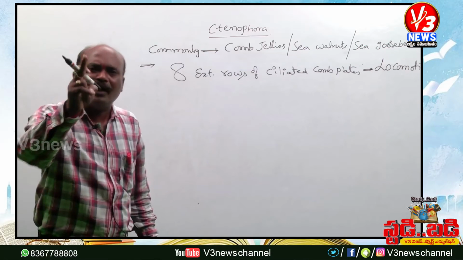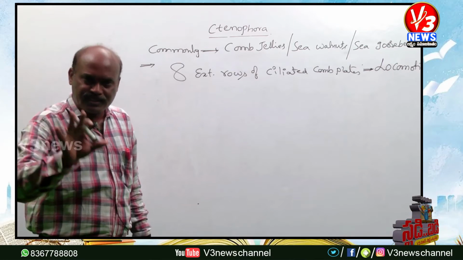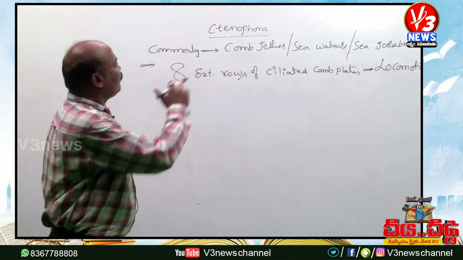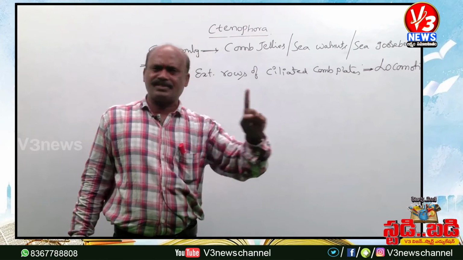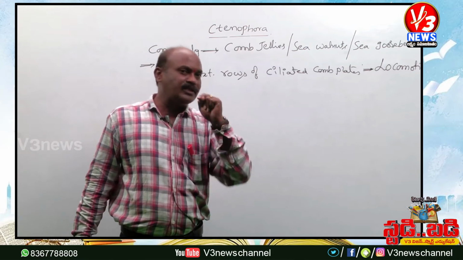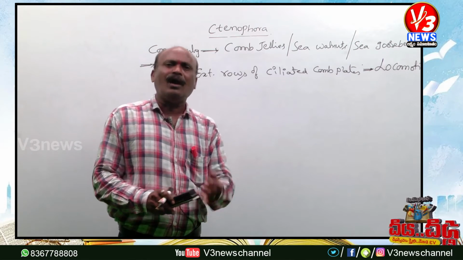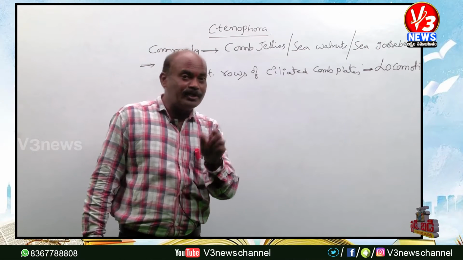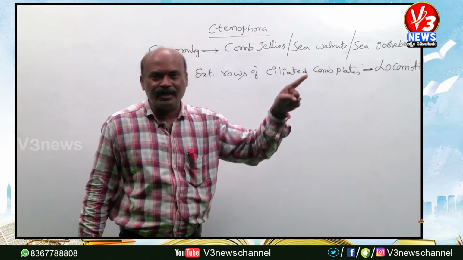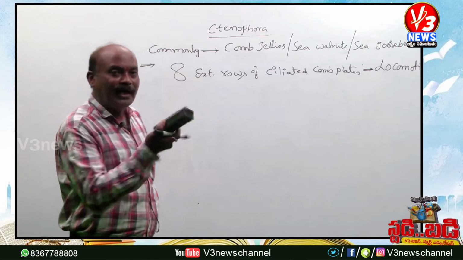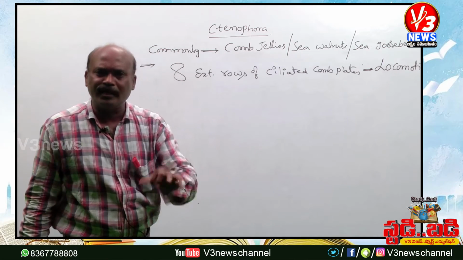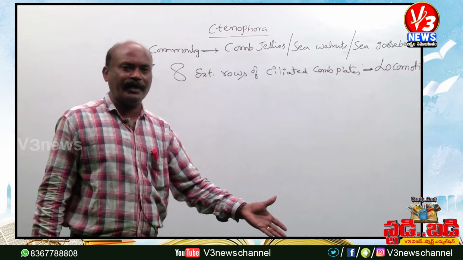One very important point regarding NEET. What is the speciality of the ctenophores? In our first class, I told one thing: sponges are all marine, with some freshwater animals. In cnidarians, some freshwater animals are there, the remaining are marine.